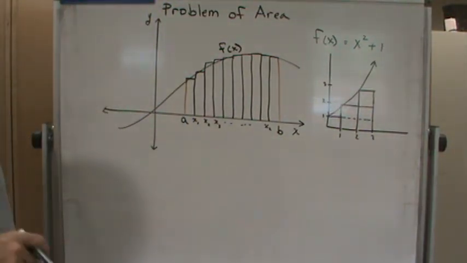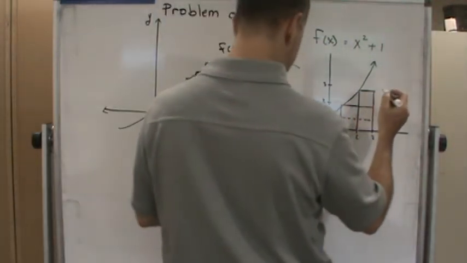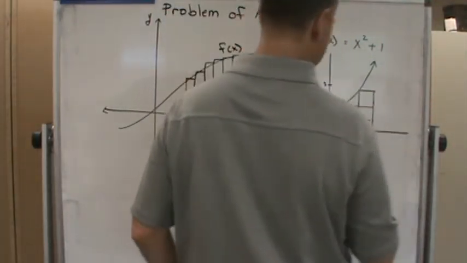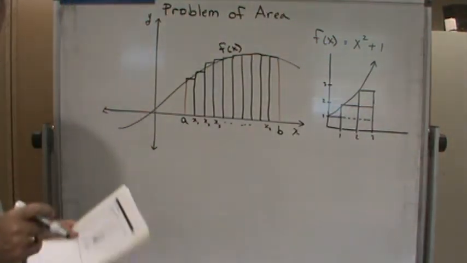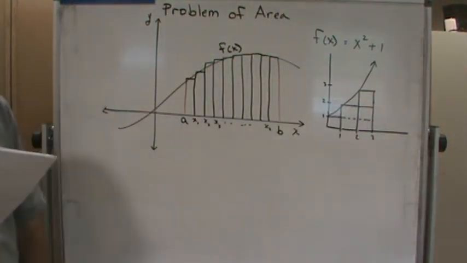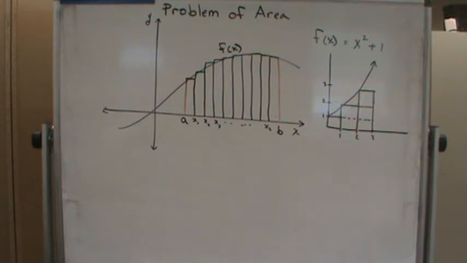Now, we want to approximate the area under this curve from 1 to 3. And what we're going to do is use these rectangles to do it. And each rectangle has a height of so many units.